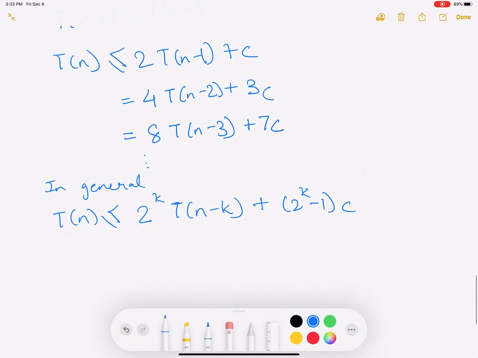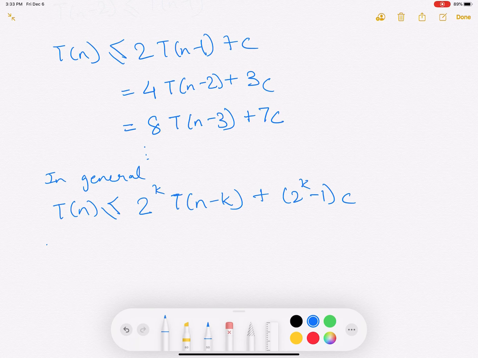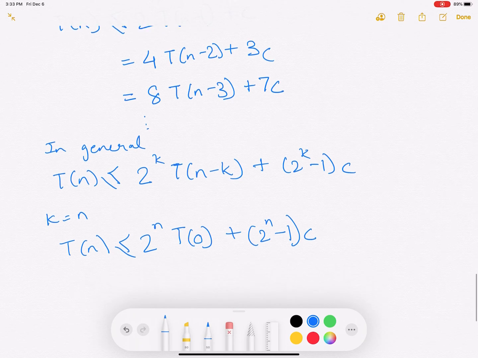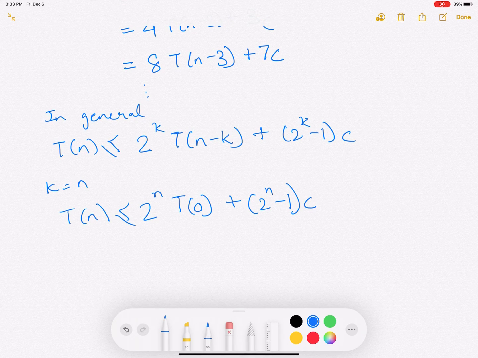Now if you substitute k equals n, we'll get Tn less than or equal to 2 to the n T0 plus 2 to the n minus 1 times c. Now once again, we are not going to bother with the constant, so I'm just going to assume that T0 is c.